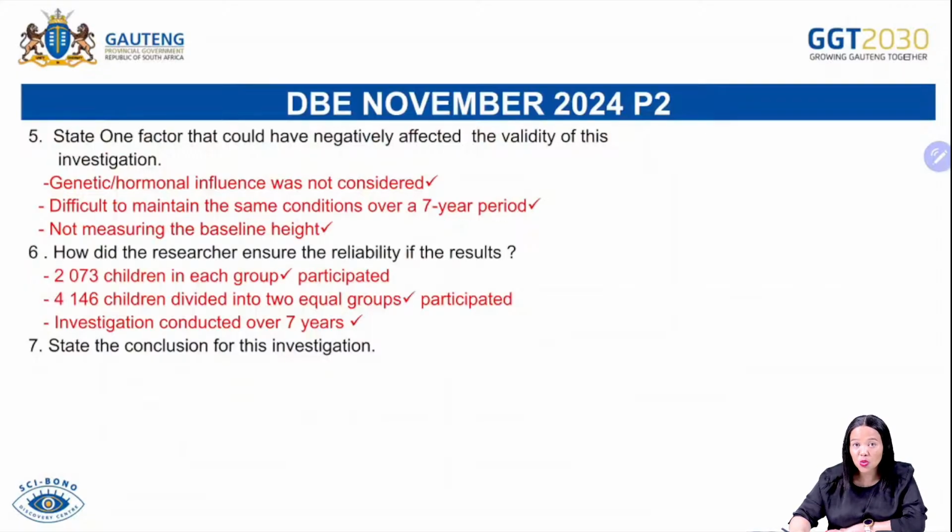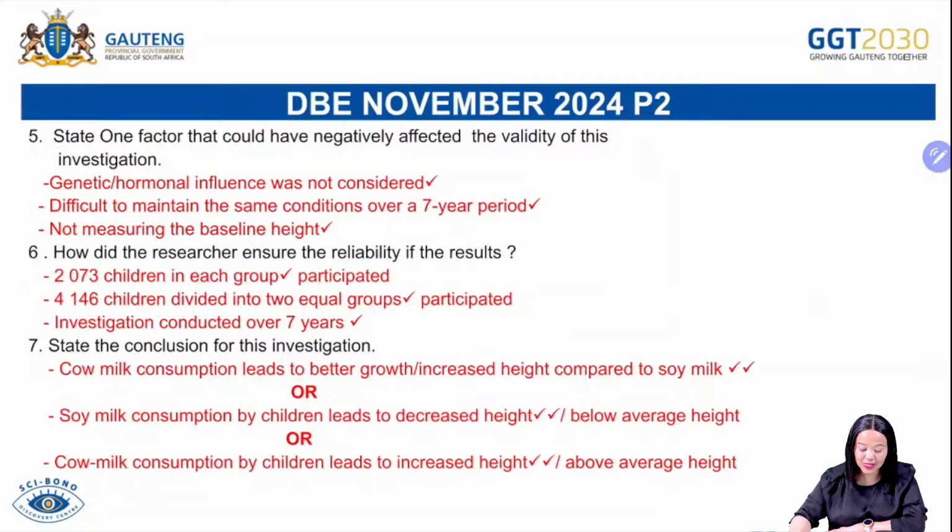We had ones that were given soy milk and ones that were given cow's milk. So if you are going to mention 4,146, you need to indicate that they were divided into two equal groups. This experiment was done over a period of 7 years. That is what the investigator did to ensure what? The reliability of the results.